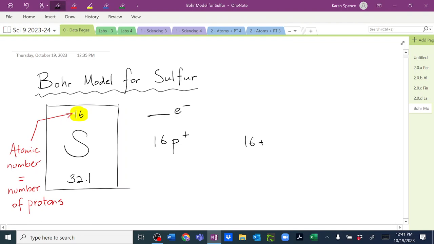We know that an atom is neutral, which means that overall we want to have a zero charge. So how many negative things do I need to add? 16. Okay, so 16 negative and 16 positive gives us 0. So we know we have 16 electrons.